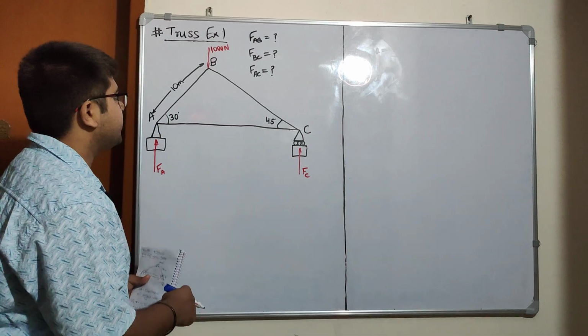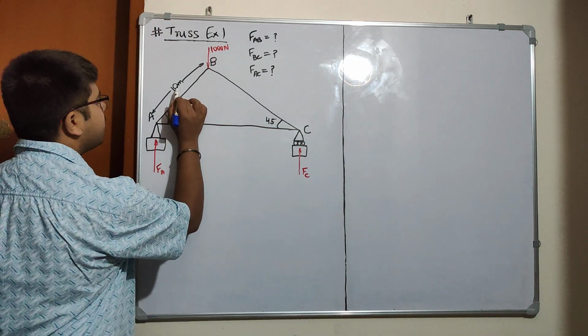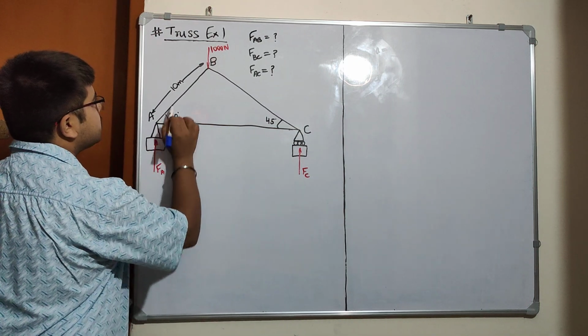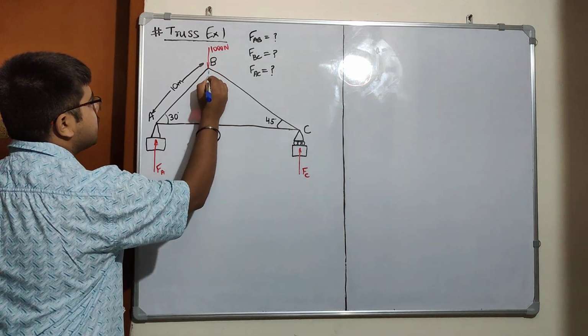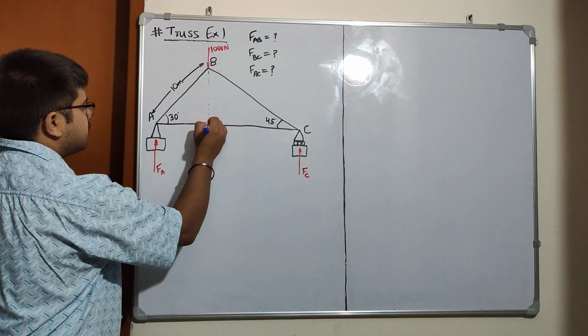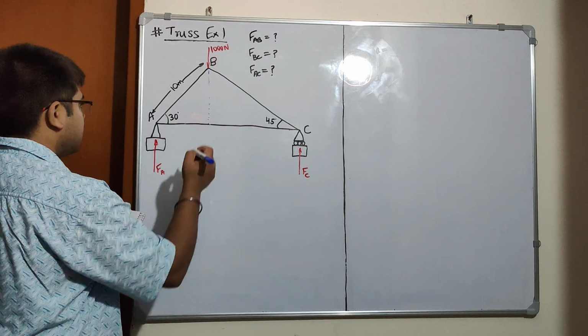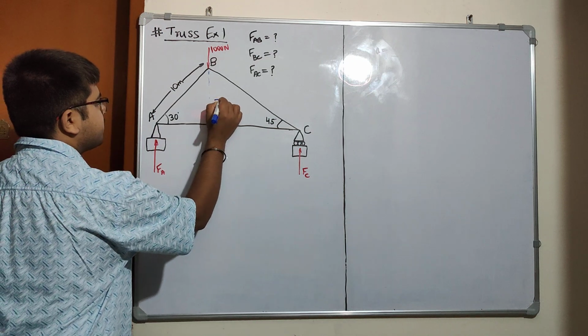First we will find the geometry of the truss. We have given 10 meter and 30 degrees. 10 sine 30 equals 5.